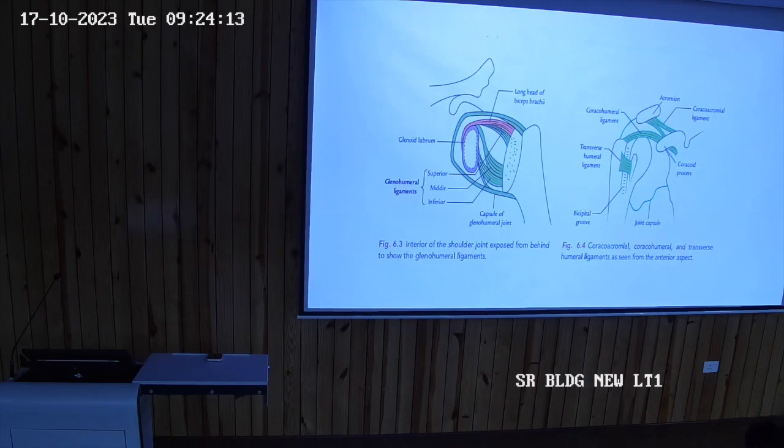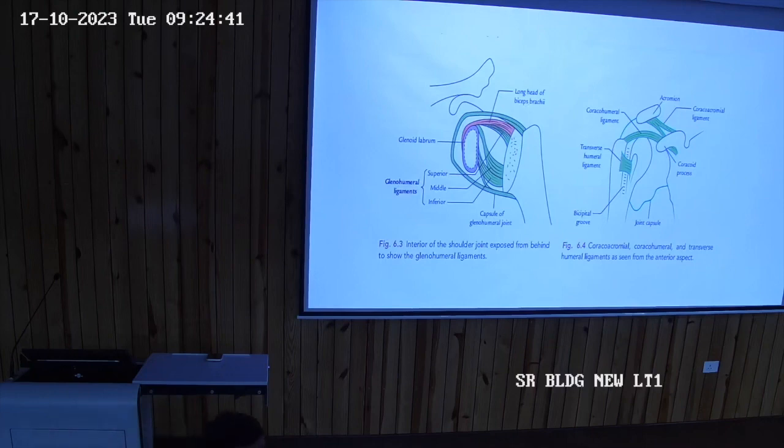It secretes the fluid, and that fluid lubricates the joint. So during the movement there is no friction, and we don't recognize it. If there is no lubrication, then during the movement we will feel the sound and also the pain.